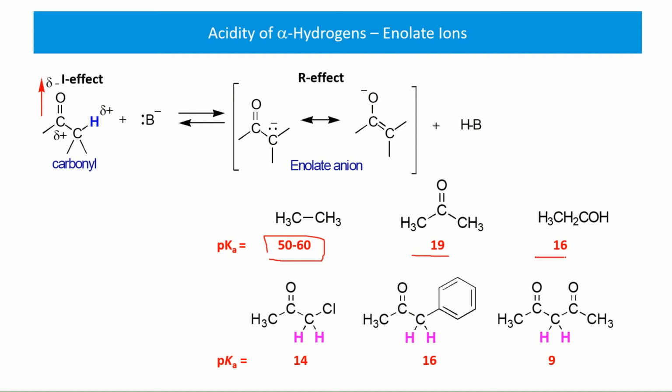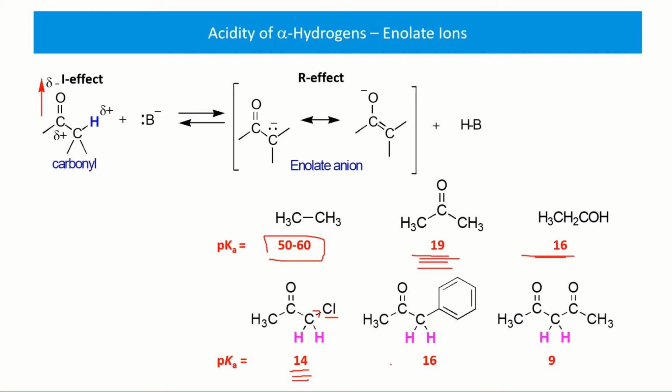You compare that with an alcohol, of course, pKa of 16. If you have a halogen, i.e. an electron withdrawing species present on that alpha carbon, then you can see there's a rapid decrease in the pKa, i.e. the species becomes more acidic, i.e. we have a more stable conjugate base.